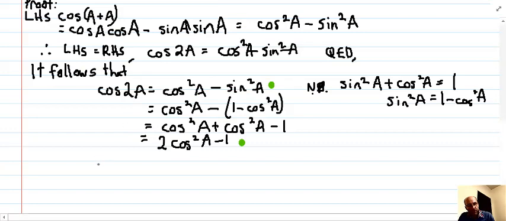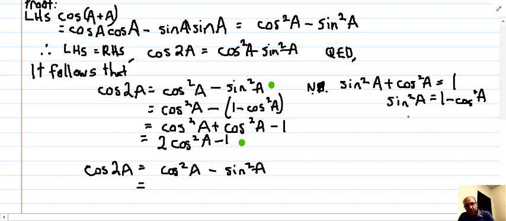So going back to cos 2a is cos squared a take sine squared a again. We can go back to the Pythagorean identity and rewrite it in terms of cos squared a as the subject. That would be 1 minus sine squared a.